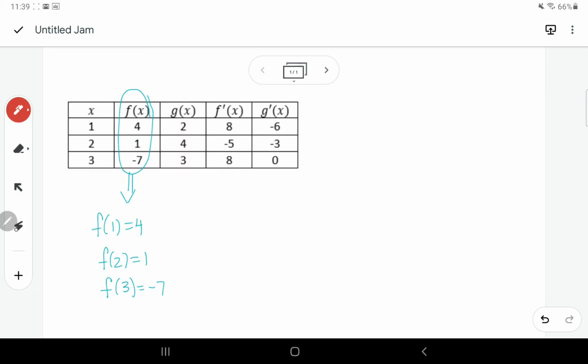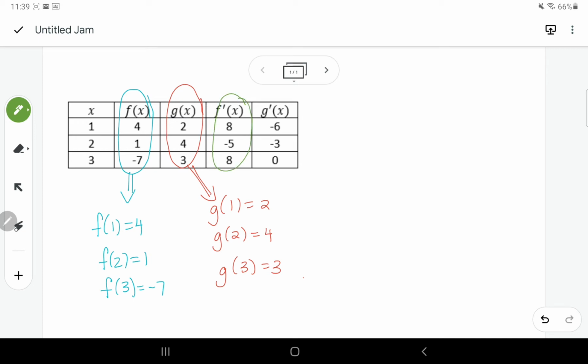And then similarly, you would have values of g at x from the second column. And what this means is g at 1 equals 2, g at 2 equals 4, and g at 3 equals 3. So we don't know anything about the equations or the graphs of these functions. We just know some specific values of the functions and also of their derivatives.